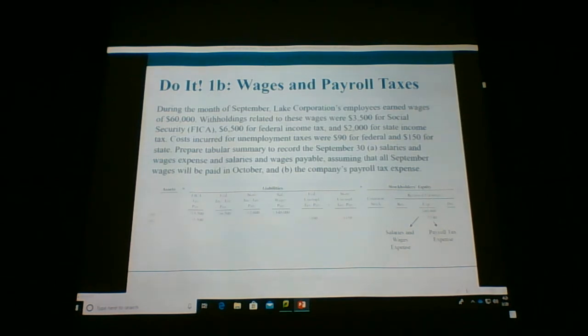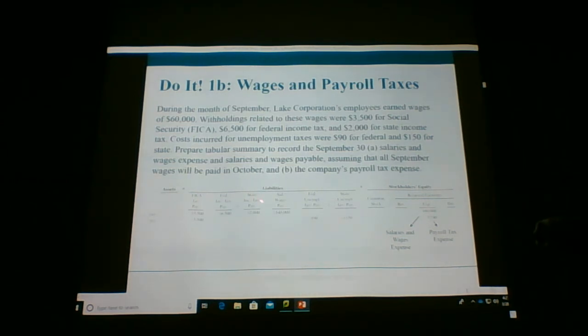So our total obligation has gone up by $240. $90 for the federal unemployment tax and $150 for the state tax. If you can halfway read this, you will see that everything I just told you is the truth. Okay? It's all true. All right?